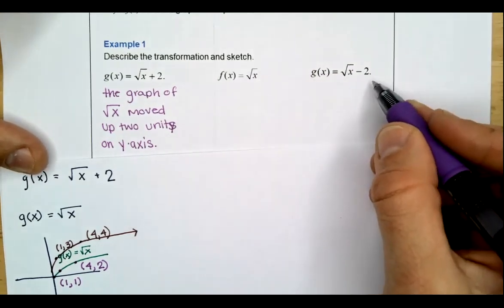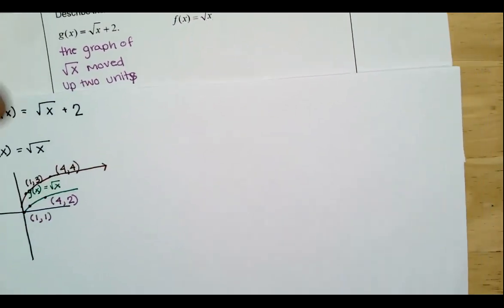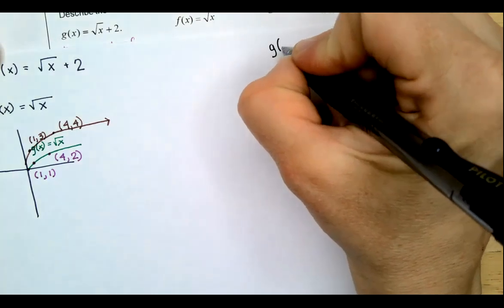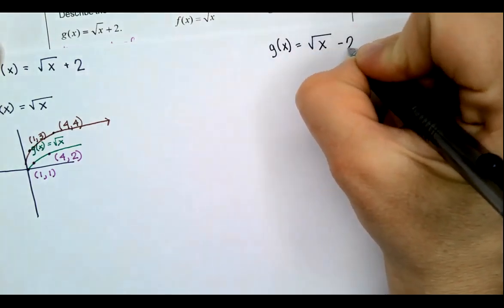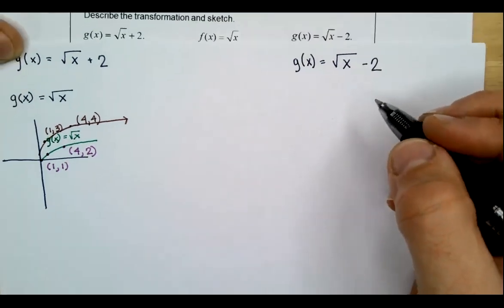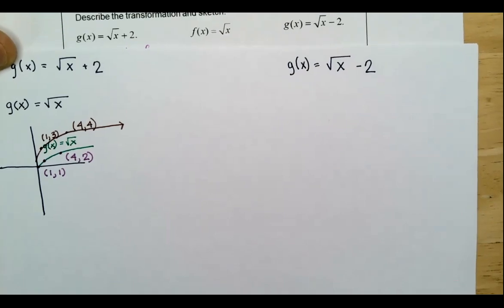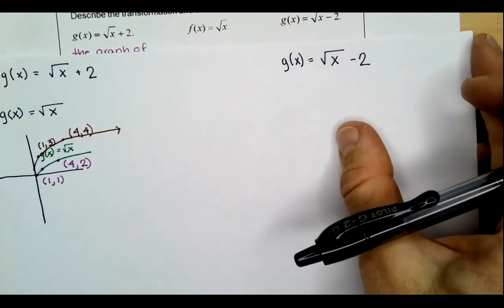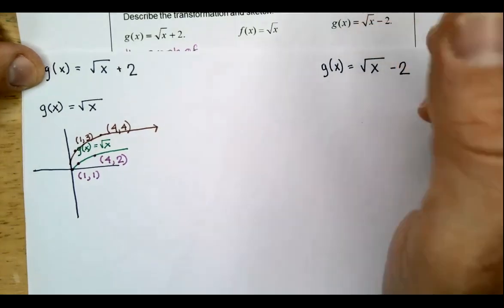All right, what if we have the square root of x minus 2? Again, let's start with g of x equals the square root of x.